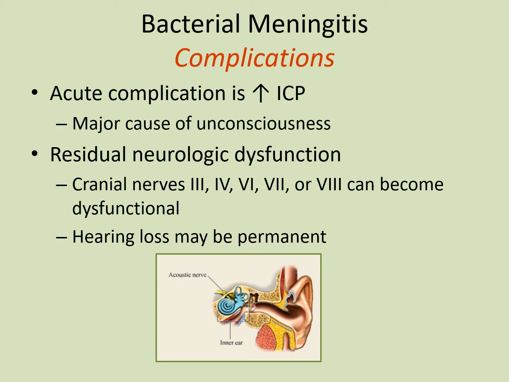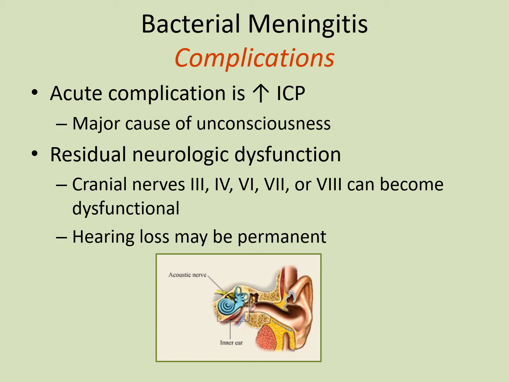Another complication is residual dysfunction of the cranial nerves. In particular, we see cranial nerves number 3, 4, 6, 7, and 8 can become dysfunctional. Cranial nerve number 8, remember, is the acoustic nerve responsible for hearing.